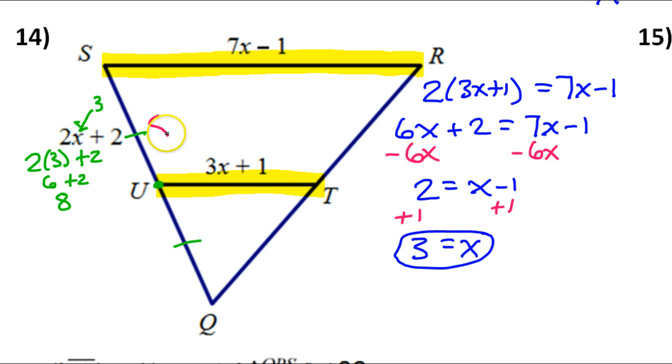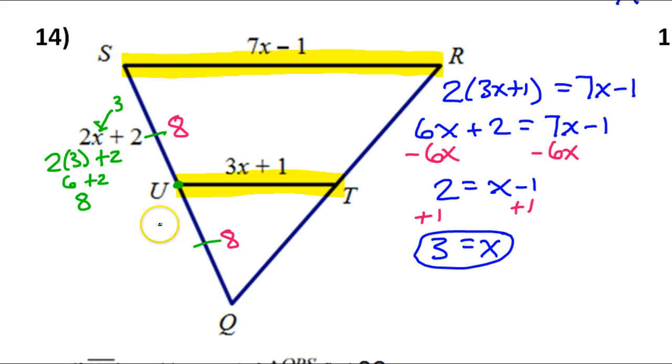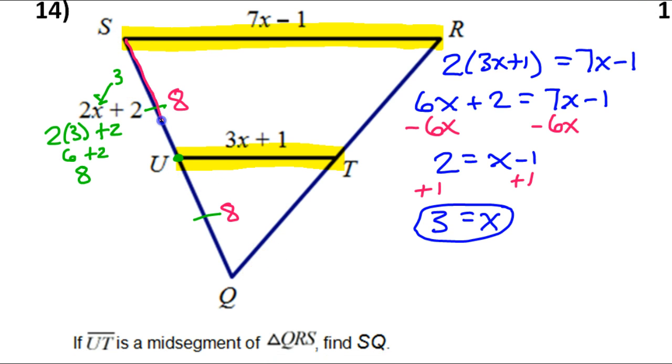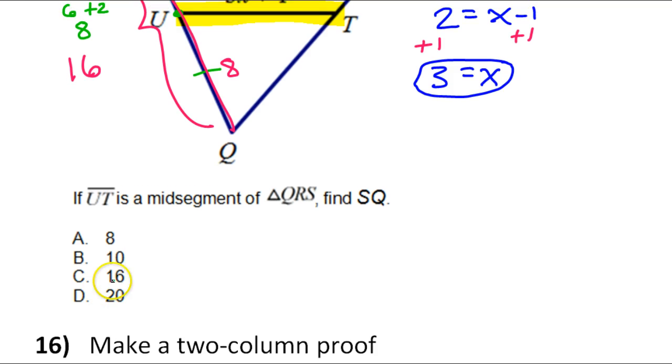So if this SU is 8, then that means UQ is also 8, which means that the total distance from S to Q is going to be 16. The total SQ is 16. And that's what we were supposed to find. So that's why the answer is C.